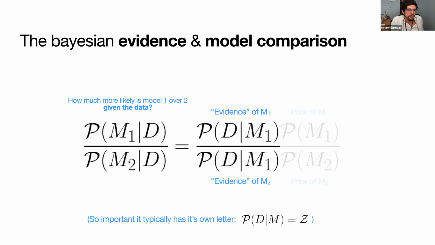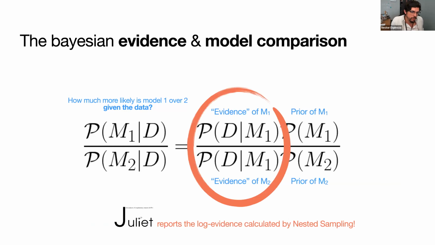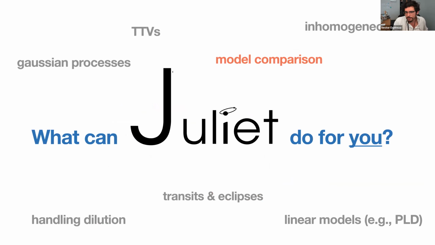So you can obtain that, put in your own priors for the models, and given that Juliet reports the log evidence, you can do this model comparison on your own. You can compare light curve models, for instance one limb darkening coefficient setup to another. If you're working with radial velocities and you're not sure whether you have one planet or two planets in your data set, you can do this model comparison with Juliet via these Bayesian evidences. So it's pretty neat.